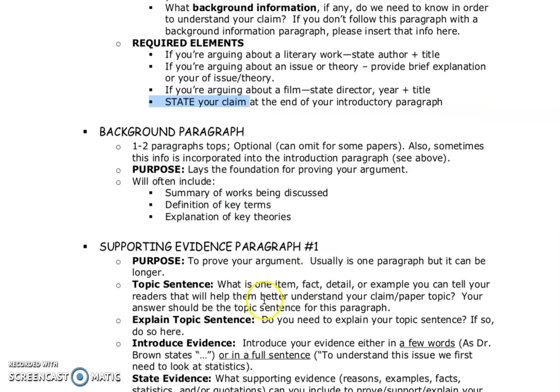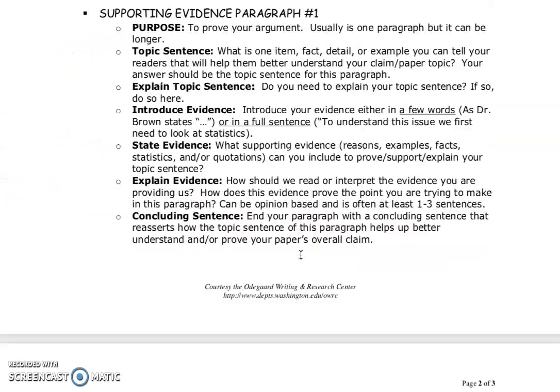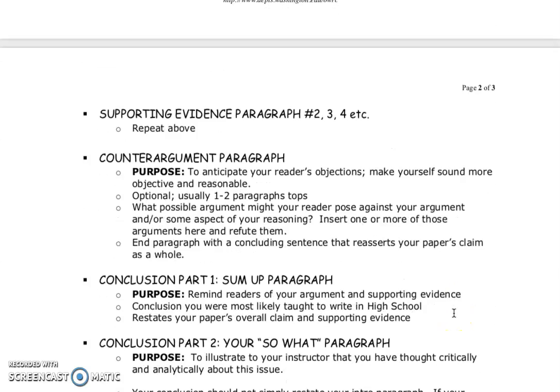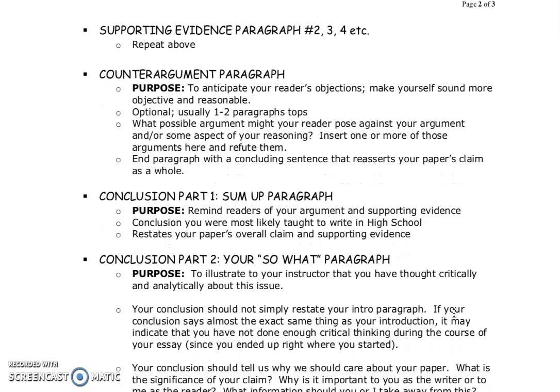So you've got kind of these lines that you're drawing from every body paragraph back up to your claim. So this means that you're reminding your reader of why you're telling them all of this in the first place, okay? You have to do that for every single body paragraph.